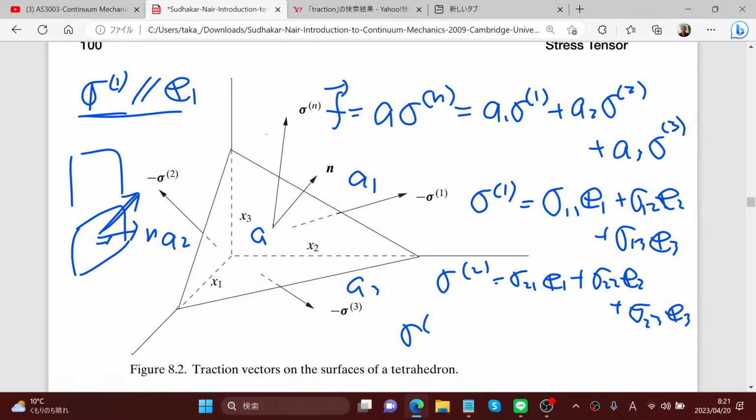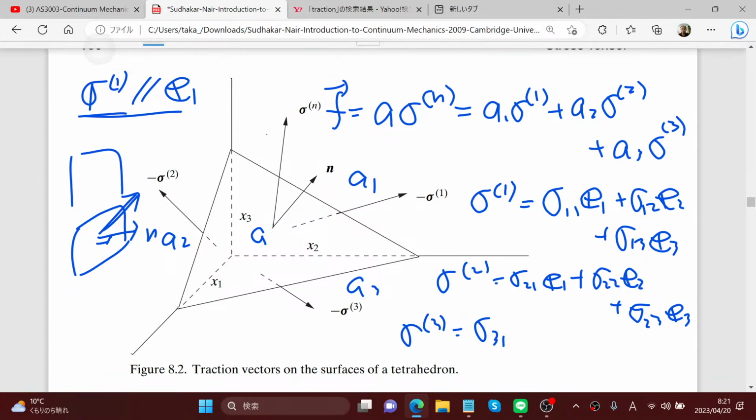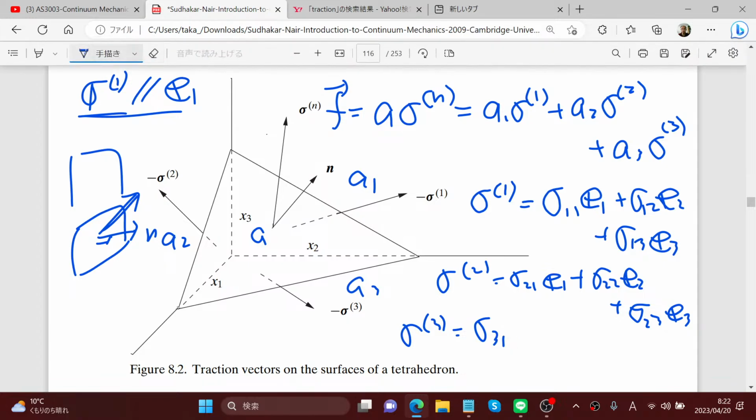And sigma 3 is sigma 3,1 E1 plus sigma 3,2 E2 plus sigma 3,3 E3. Yeah, this way, right?